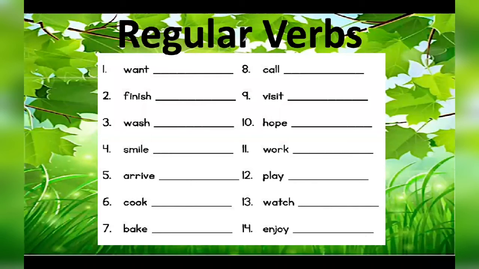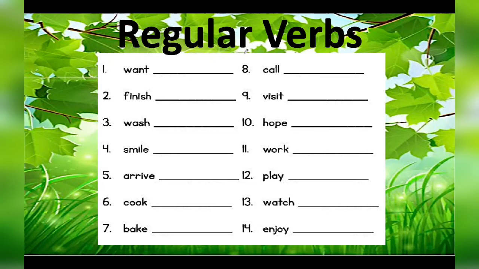Here we have the worksheet of regular verbs. What we have to do, we have to change these forms of verbs into second form. Now these all are the first form of verbs. Here we have the verb want. Now these are regular verbs, and regular verbs have set patterns of changing them into past, like we had D and ED, right?